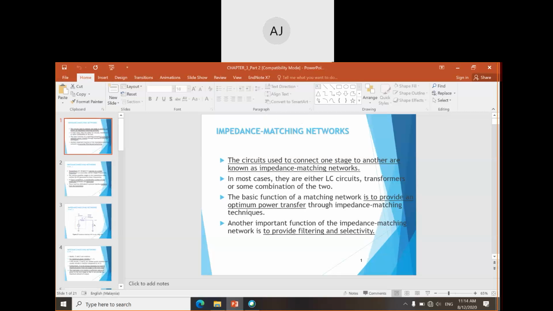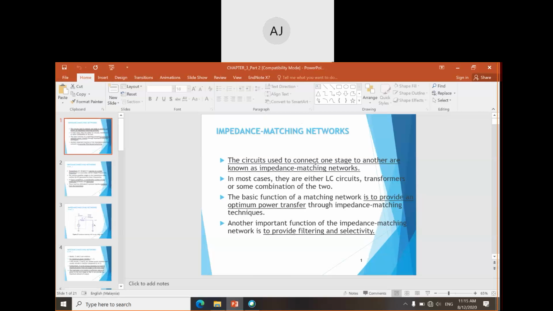The impedance matching network is the circuit used to connect stages together. For example, in the transmitter we have the photodetector, the oscillator, the filter, and also the amplifier. To match all these stages, we call it an impedance matching network.